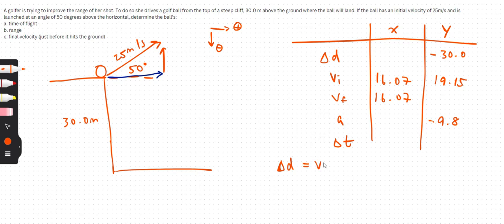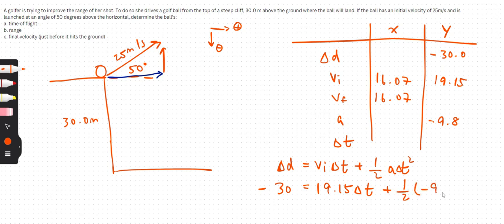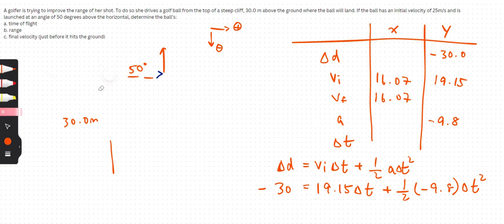Usually we'll just be using this equation to get time. D equals VI t plus 1 over 2 a t squared. And let's plug this in again, like as we did before. Let me erase this diagram to make more space.